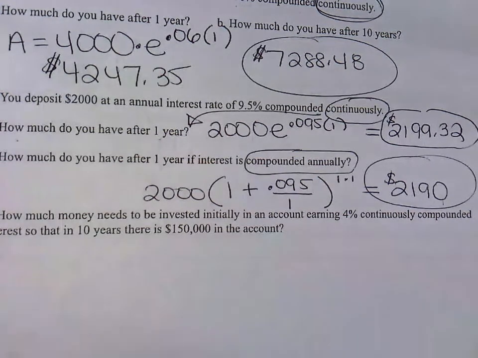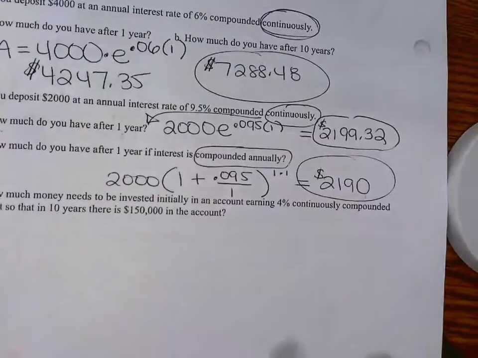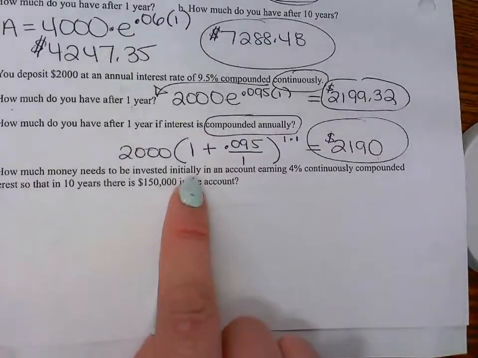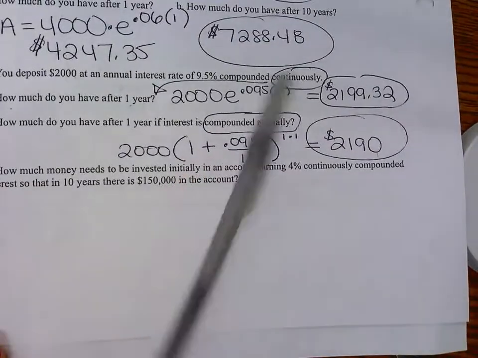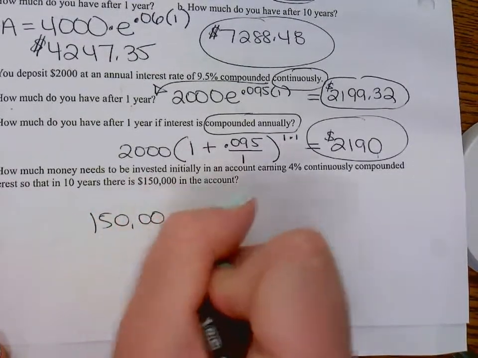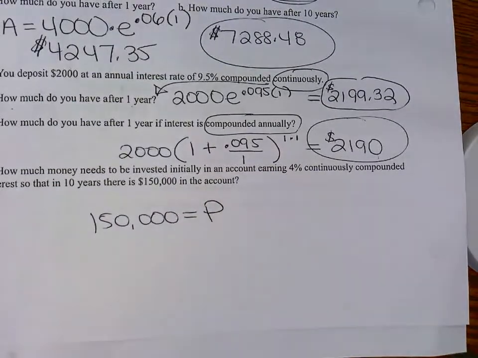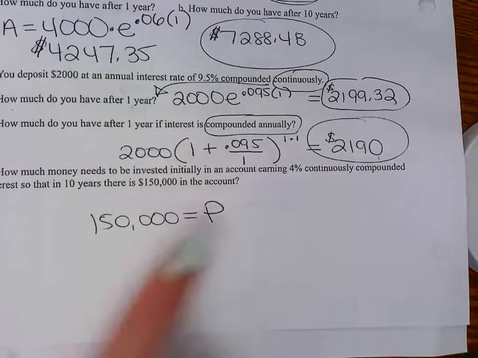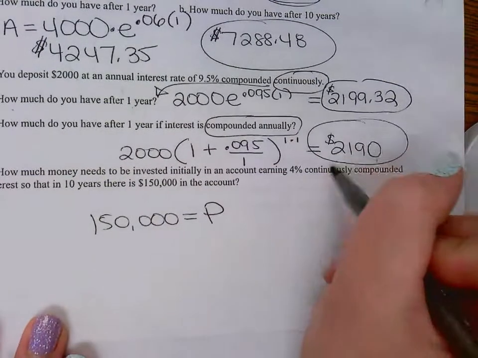All right, see if you can figure out how to set up number 7. How much money has to be invested? So we're looking for P, right? If you have a goal of $150,000 in your account. So put P in your equation, and it says continuously.